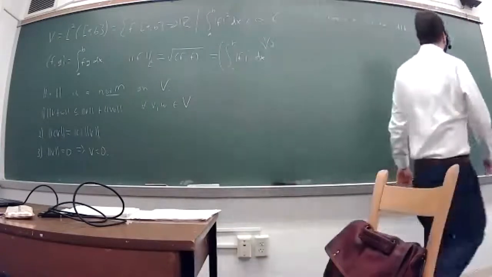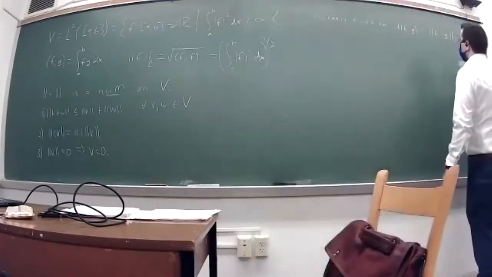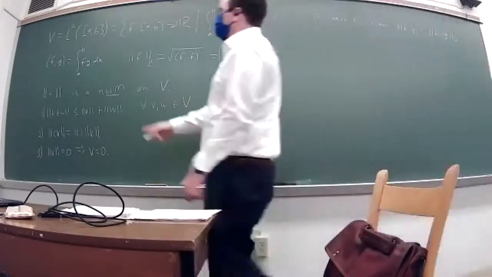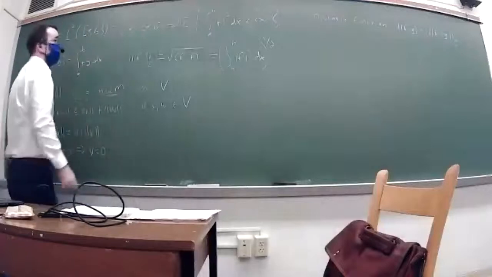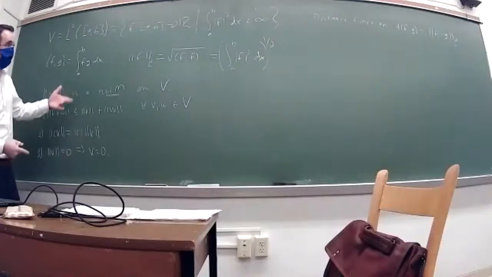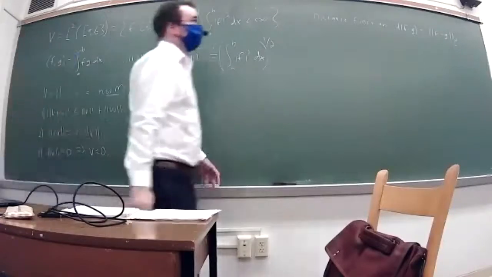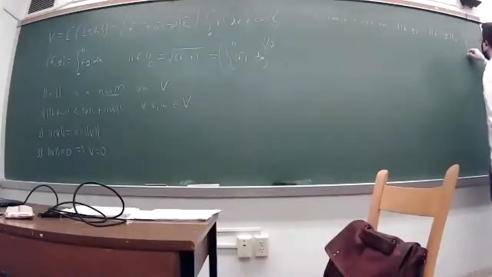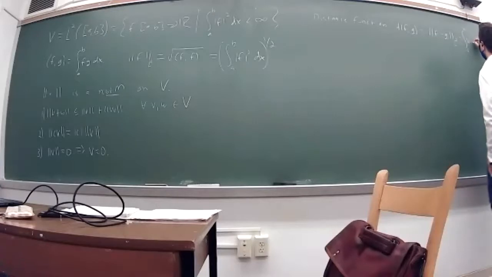So you can actually put a distance on the space of L2 functions. So what is it? It's a vector space, it's an inner product space, it's a space with a norm, and therefore it's a space with a distance function.